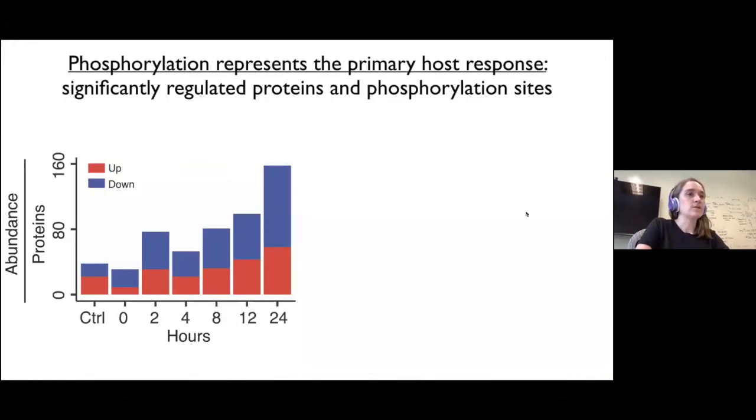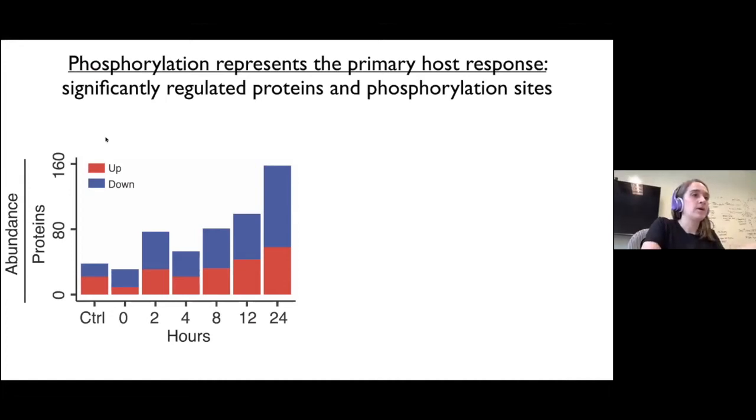And so what we observe here, when we look first at just protein abundance differences, is that over the course of infection, we see increasing amounts of proteins that are differentially regulated. Here I'm showing proteins that changed by twofold or more and had an FDR value of less than 0.05.